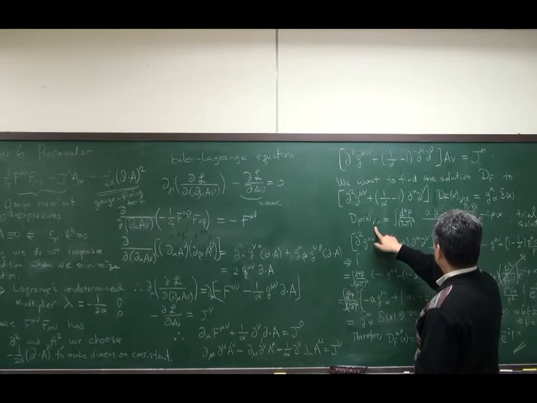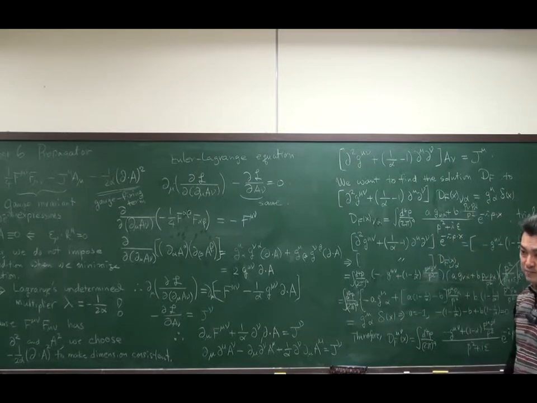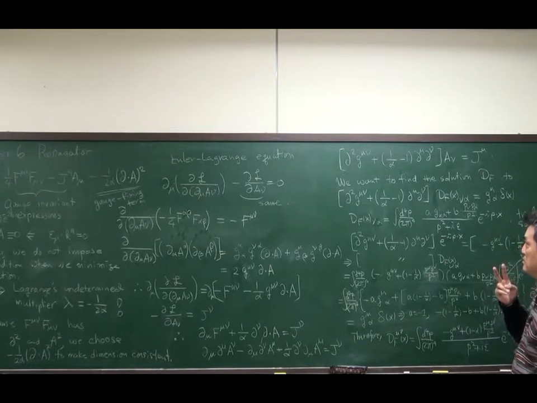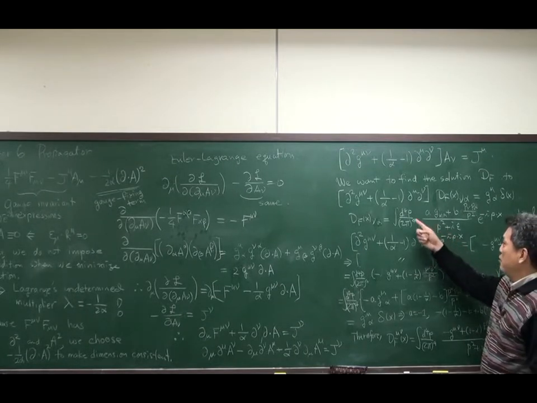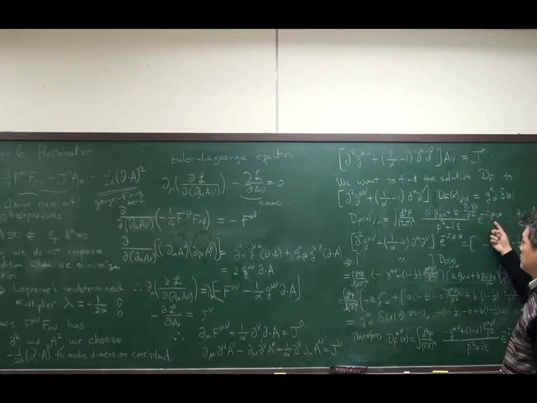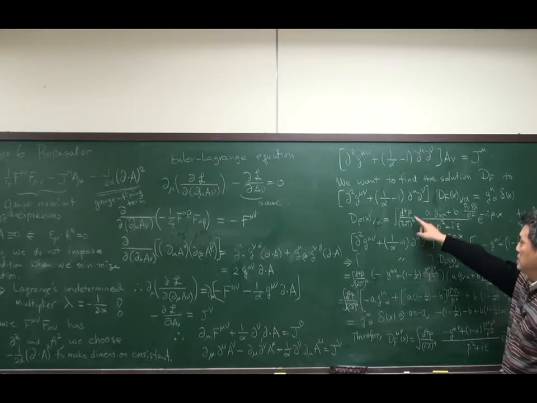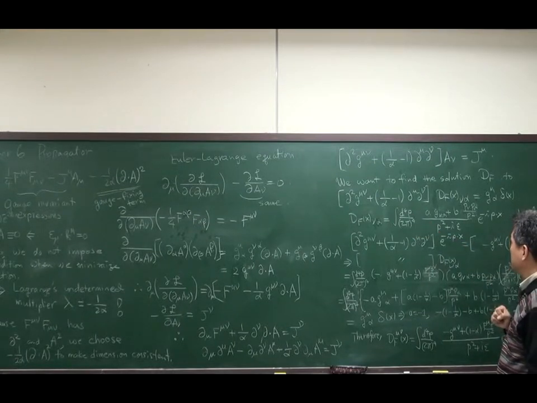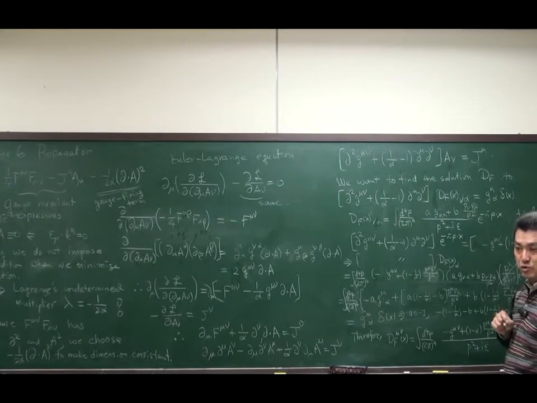This has vector indices nu and alpha, so we have a rank 2 tensor, but the only available vector is p. If I want to make a rank 2 tensor, the only possibility is the g mu nu metric tensor and p mu p nu.